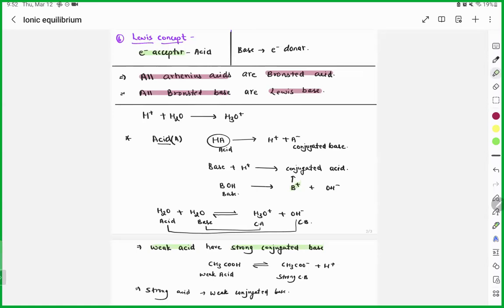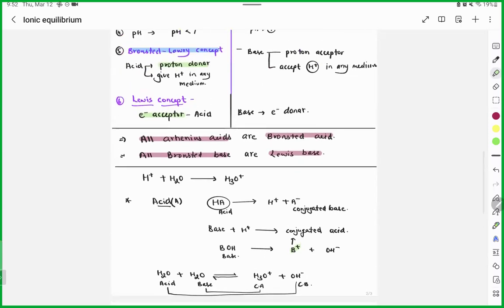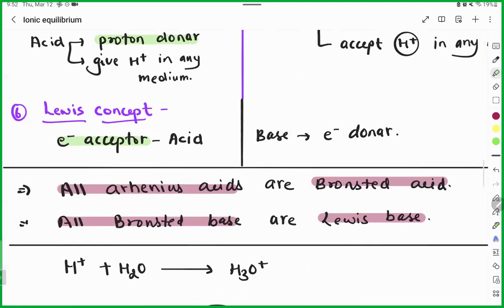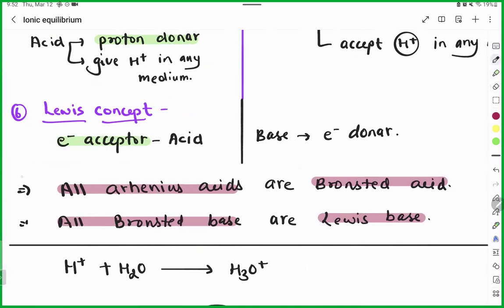Any doubt, guys? No, sir. One more thing we can add in these notes, Lewis concept. In Lewis concept, acid accepts electron. In case of Lewis acid, it accepts the electron.